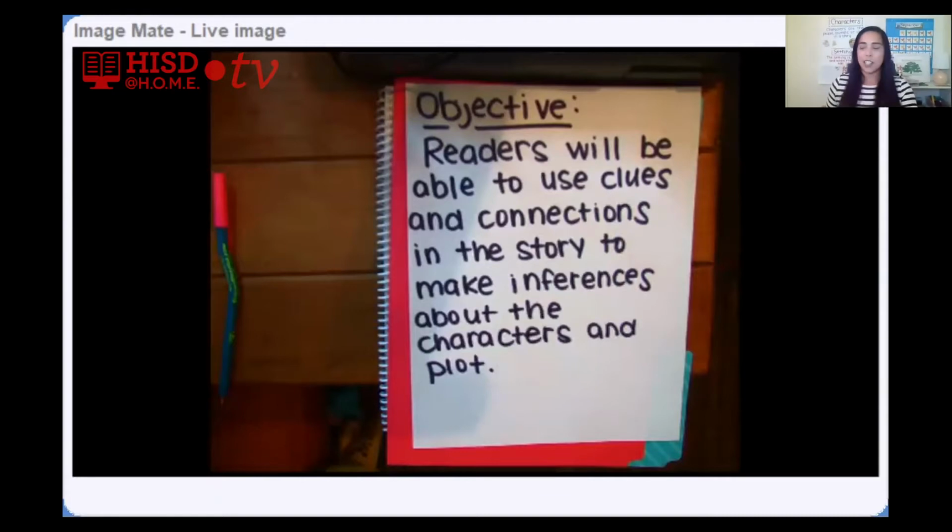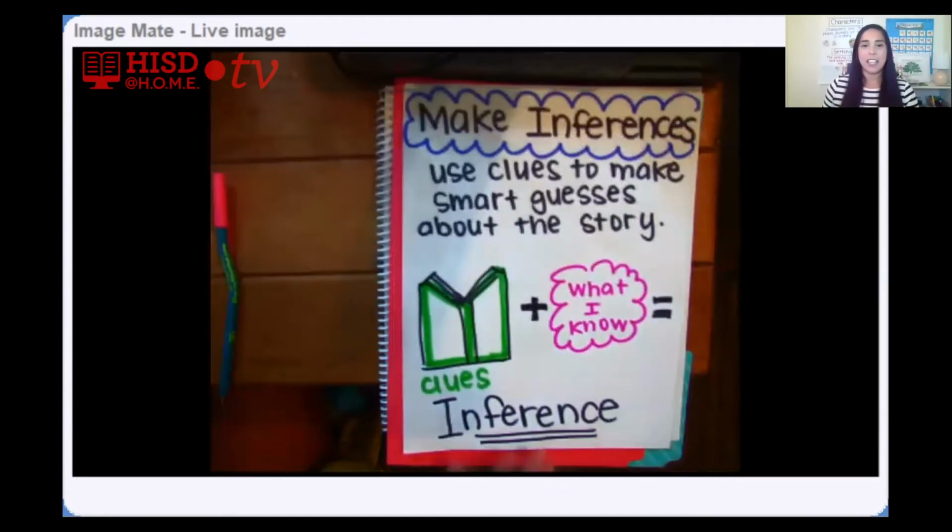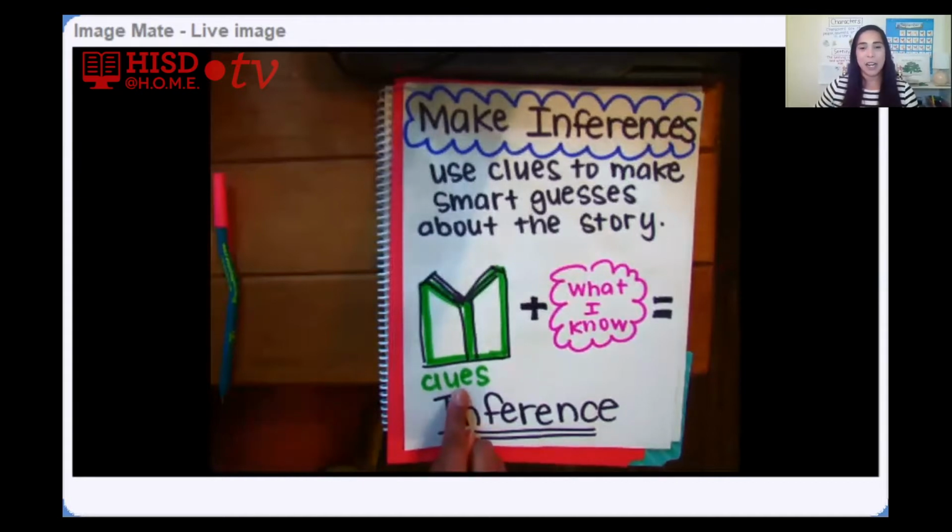So let's take a look once again at what an inference is. An inference uses clues to make smart guesses about the story, or, like I said, the plot. I am going to use the clues that I read, the clues that the author gives me, using the pictures or using the words.